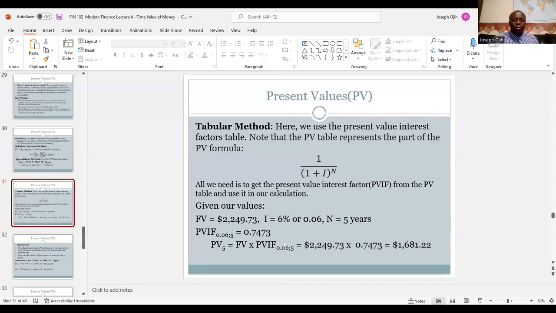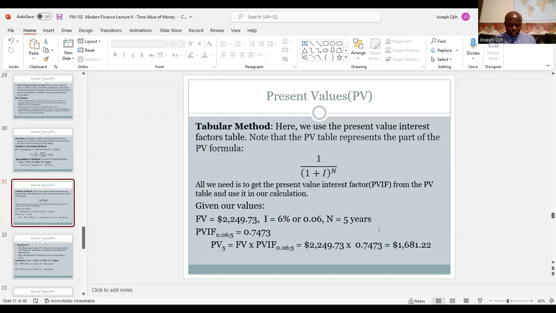Okay, so now I apply the two. Present value becomes future value times present value interest factor. The future value is the amount that you receive, and the present value interest factor is from the table. Apply the two. Let me write it down so we can multiply them, and I get our answer.